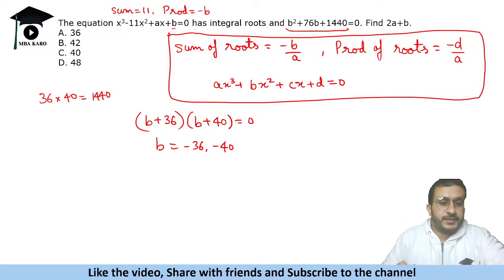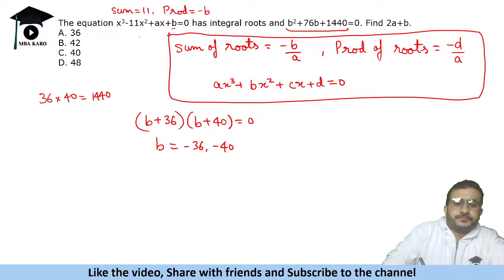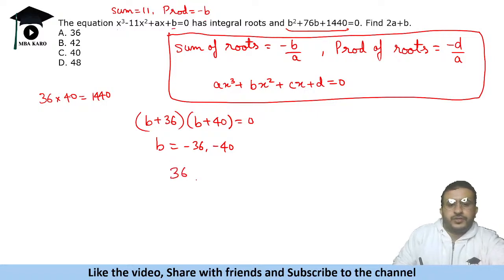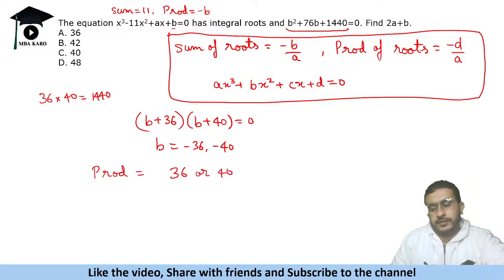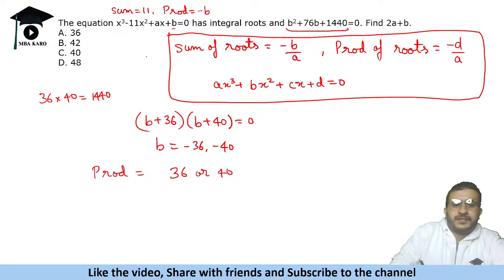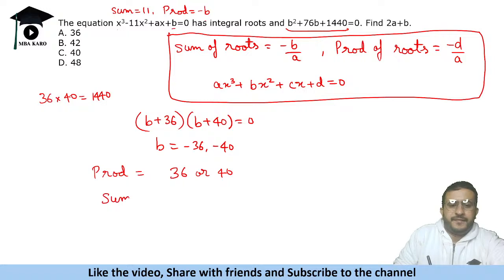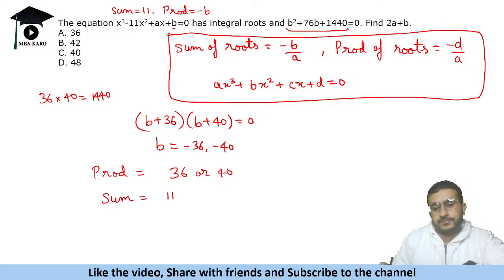Clear? B is minus 36 or minus 40. So this means that the product of roots is either 36 or 40. ठीक है. Now it is also known that sum is 11. ठीक है. Sum is 11, product is 40 or 36.